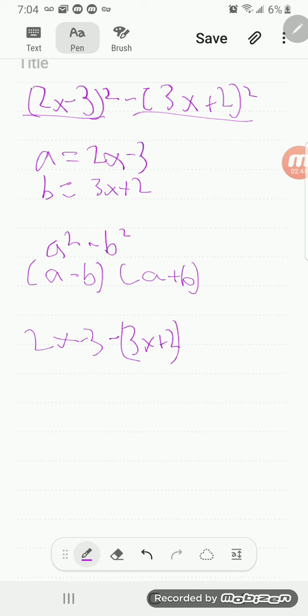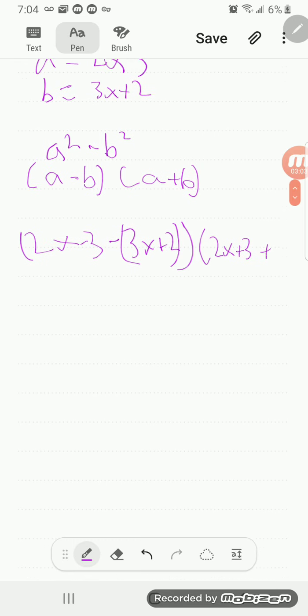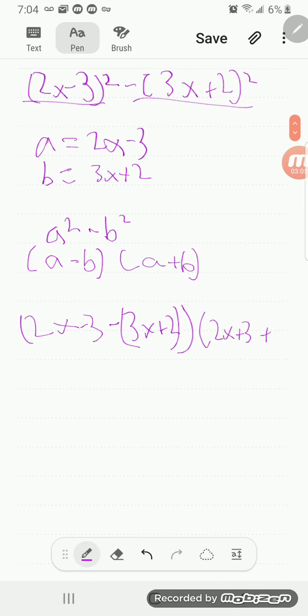Now, put this in parentheses because it's going to be important later. And then we'll have another binomial, which is a plus b, which is 2x minus 3 plus b, which is 3x plus 2. And put 3x plus 2 in parentheses.